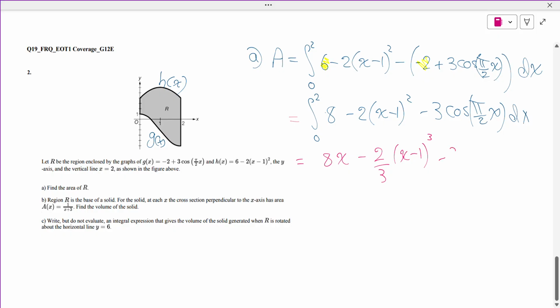Minus 3, and then the integral of cos is sine. So let's write sine of pi over 2x, and then you will divide by pi over 2 or multiply by 2 over pi, same thing. So this is 2 over pi, okay? This is all evaluated from 0 to 2.